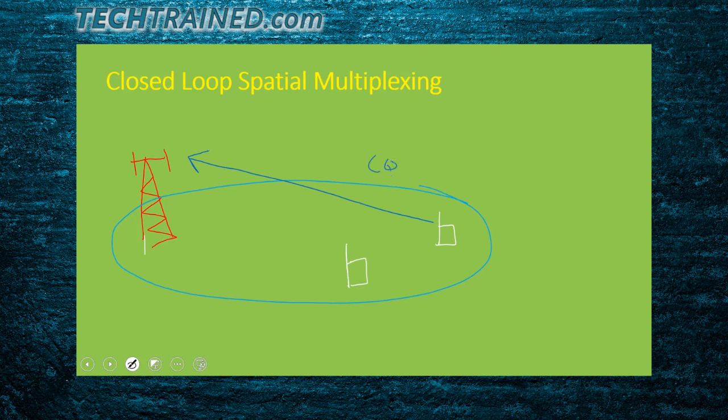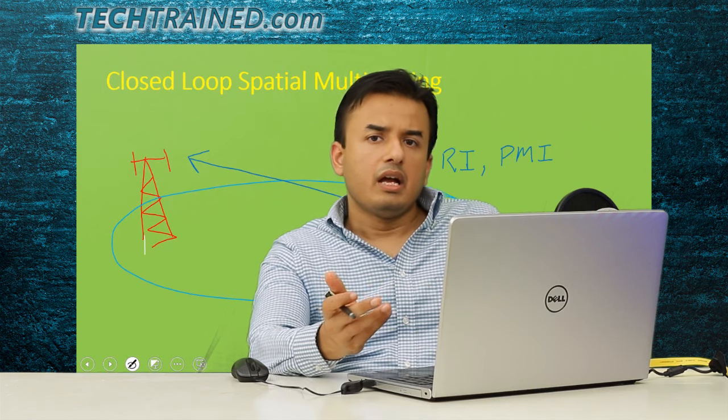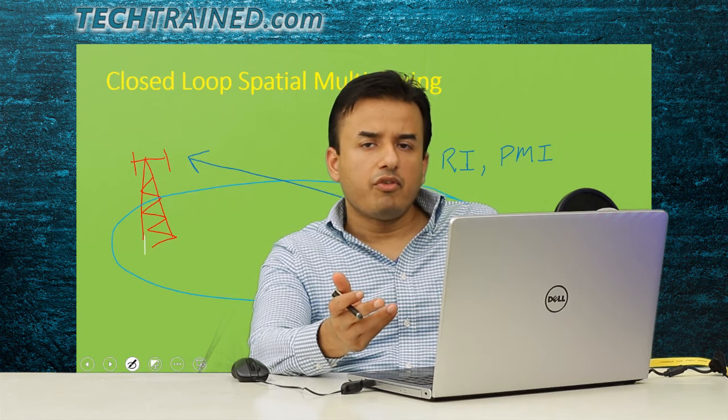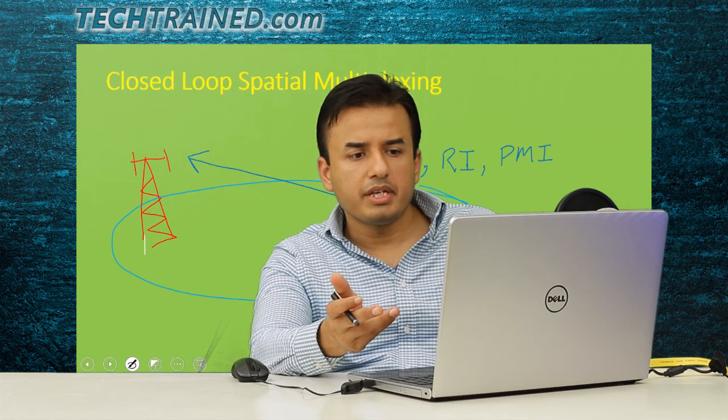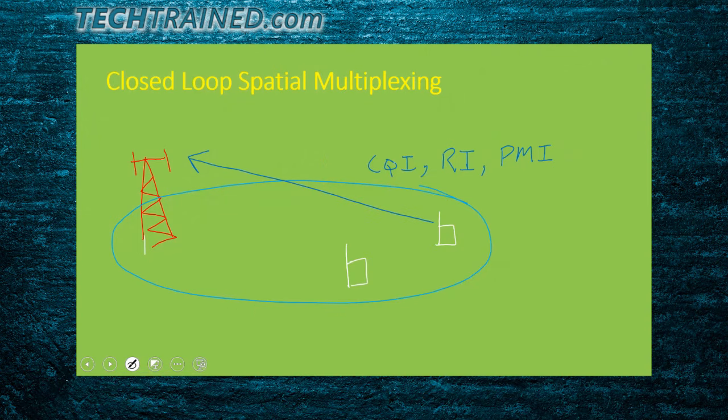One is CQI value, the other one is rank indicator, RI, and then the third one is PMI. We talked about CQI. CQI is just a measurement of channel quality indication. Rank indicator is an indication telling the eNodeB whether the UE wants to receive 1 stream of information or 2 streams of information, or whatever number of antennas and layers there exist, while PMI is the actual value which the UE thinks should be used by the eNodeB to send data towards me.